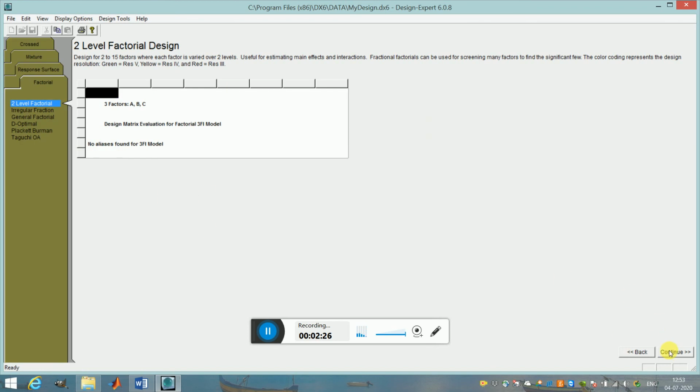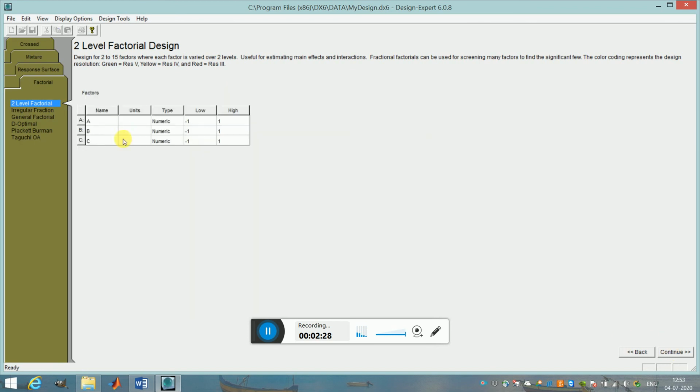Here also you press continue, and here you can give names to the factors. The first is design, and the second one is cell size, and the third one could be wall thickness.